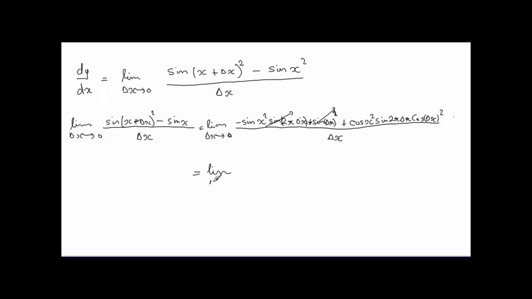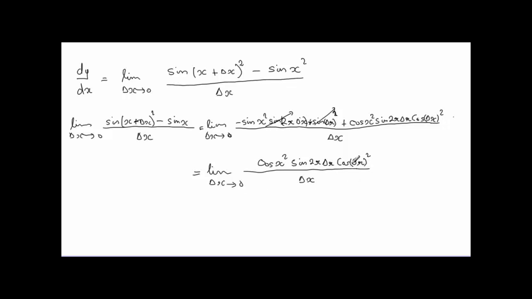So we've got the limit as delta x approaches 0 of cos x squared sine 2x delta x multiplied by cosine delta x squared divided by delta x.